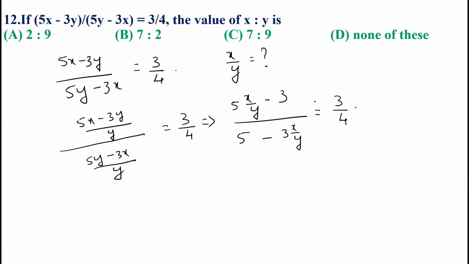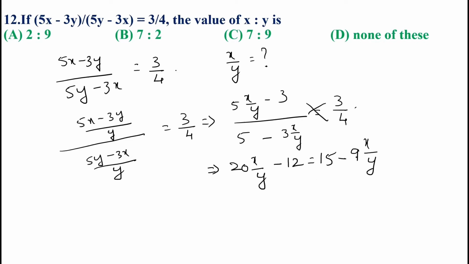If I go with cross multiplication, then this will become 4 into 5, 20 x by y, minus 3 into 4, 12. Next, 3 into 5, 15, minus 3 into 3, 9 x by y.